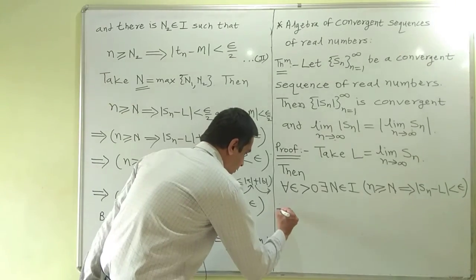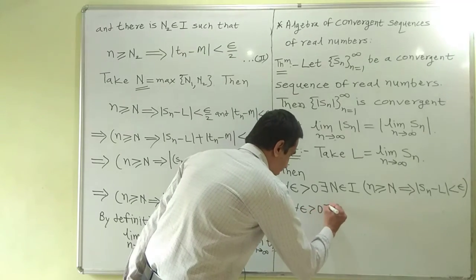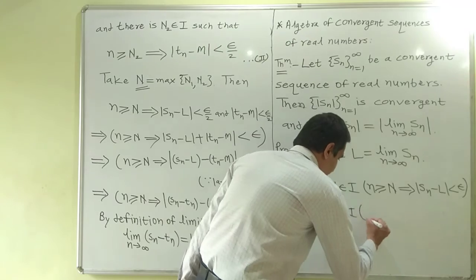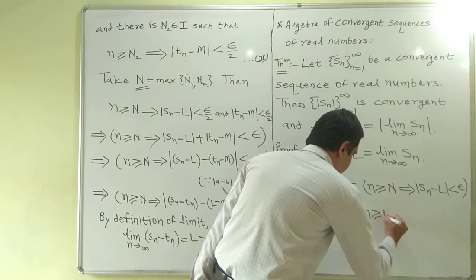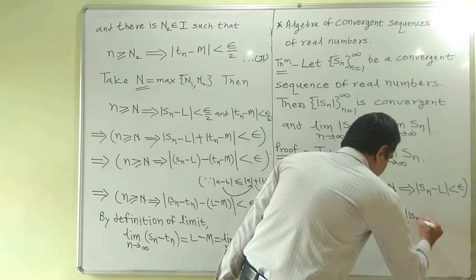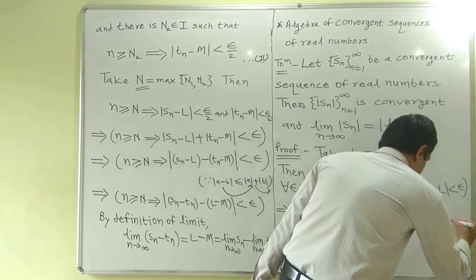This implies for every epsilon greater than 0, there exists N belongs to I such that whenever n is greater or equal to N, distance between |Sn| and |L| is also less than epsilon.